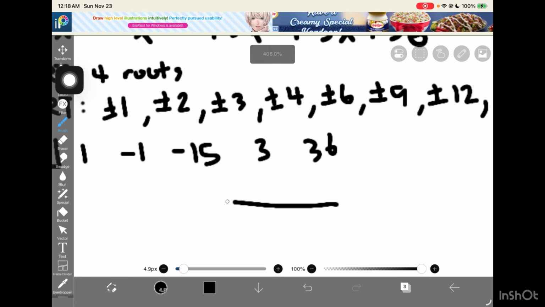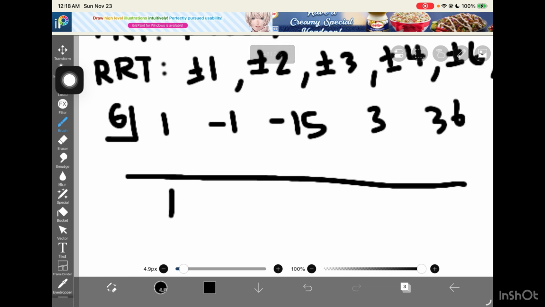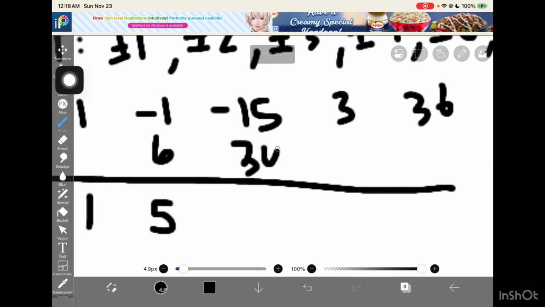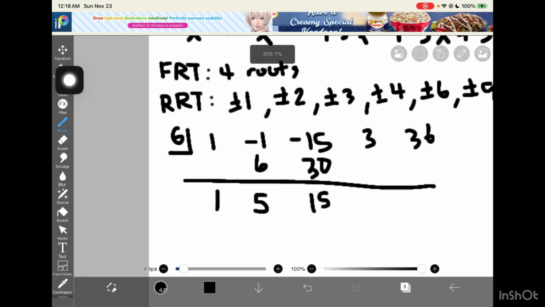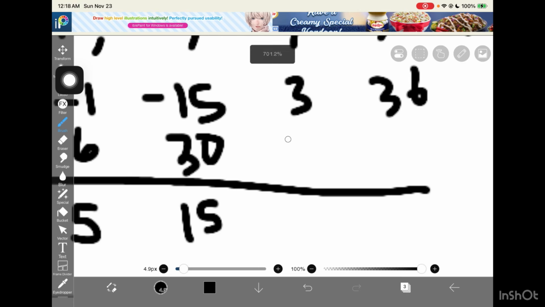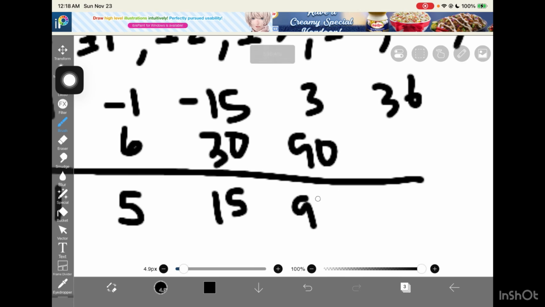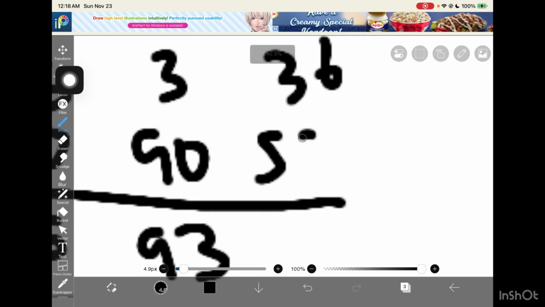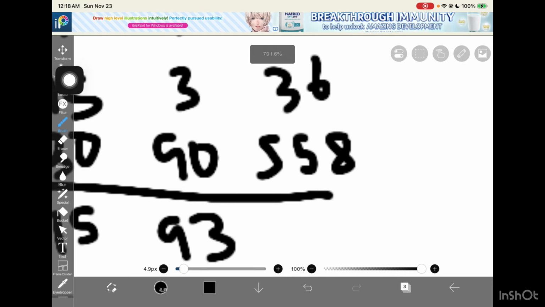Then 1 times 6, 6. Negative 1 plus 6, 5. 5 times 6, 30. This is just 15. 15 times 6 is 90. This becomes 93. 93 times 6 is 558.